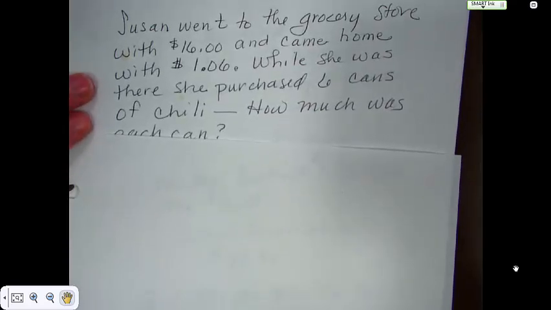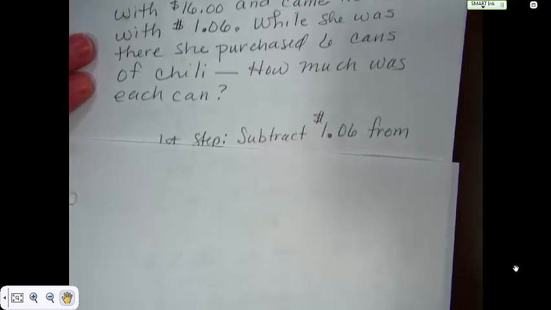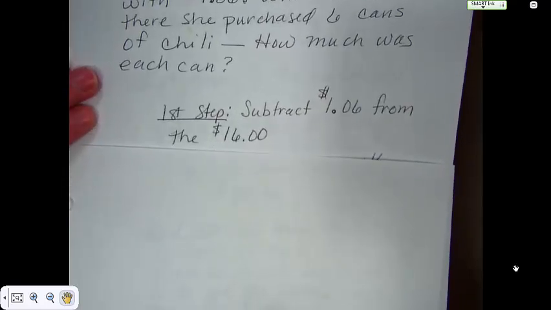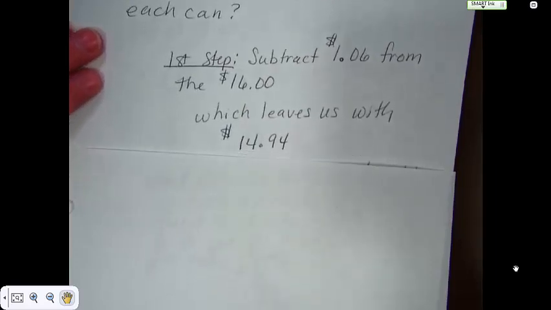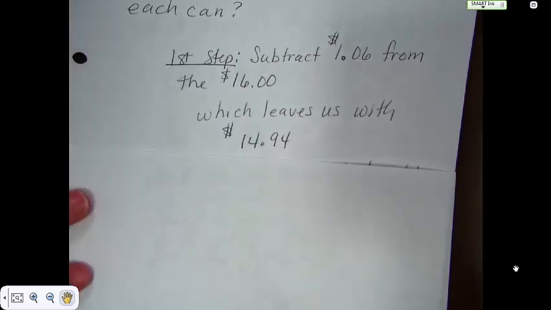First of all, we've got to figure out how much she spent. If it were me, I would take the $1.06 that she's left with and subtract that from the $16. If you do that, it leaves you $14.94. That's what she spent at the store. We know she bought 6 cans of chili with that $14.94.